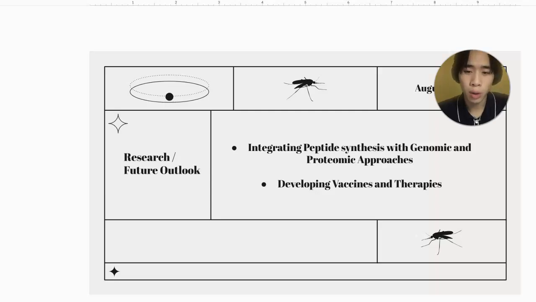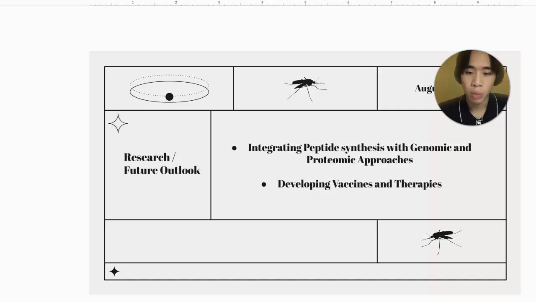Those are advances in triple E virus research, and peptide synthesis research tells us that we can now identify the viral epitopes and analyze the protein expression profiles on the virus, guiding the design of more effective peptides for research and therapeutic applications.